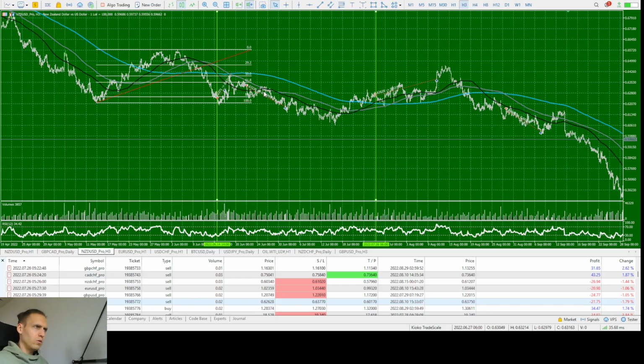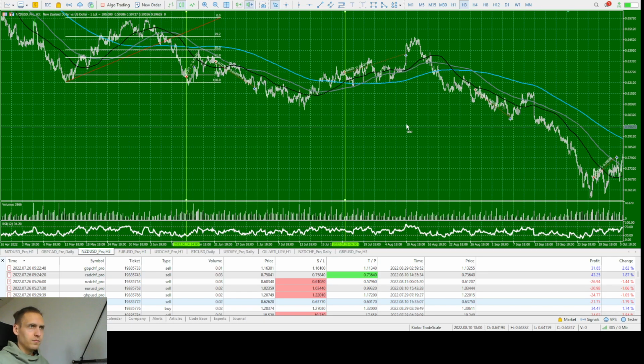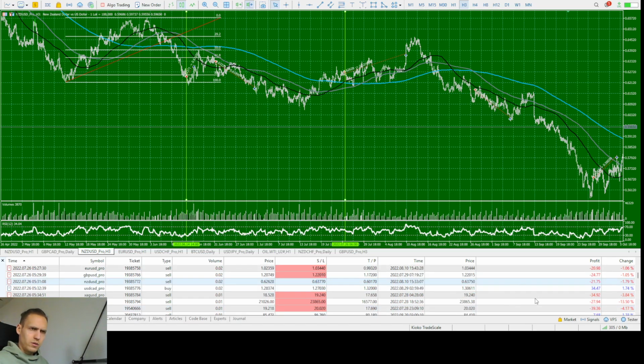A very small or very undecided piece of resistance or support. I was hoping it's going to turn into resistance, into strong resistance, but it didn't. So, oversimplifying, it's not always good.